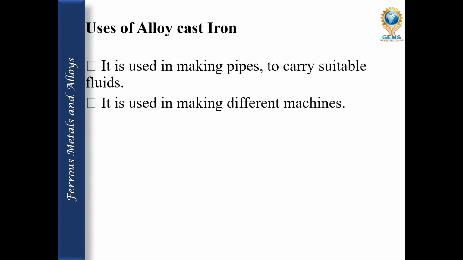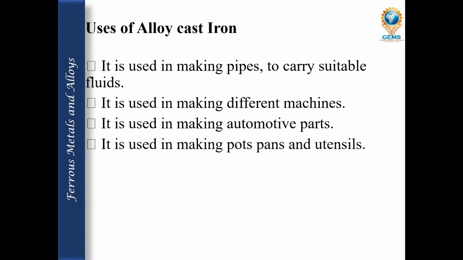It is used in making different machines. Alloy cast iron can be used for making different machines. It is used in making automotive parts. We all know cars, bikes, so many automotive things are there, and we can make those automotive parts with alloy cast iron.